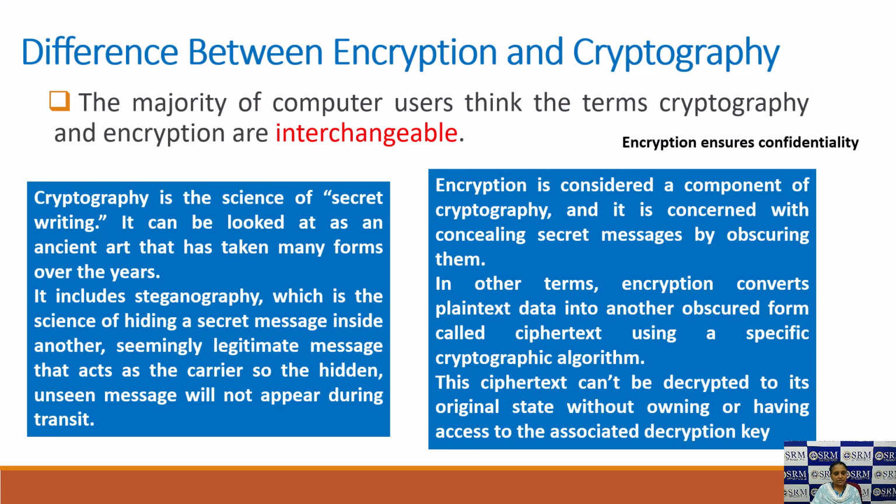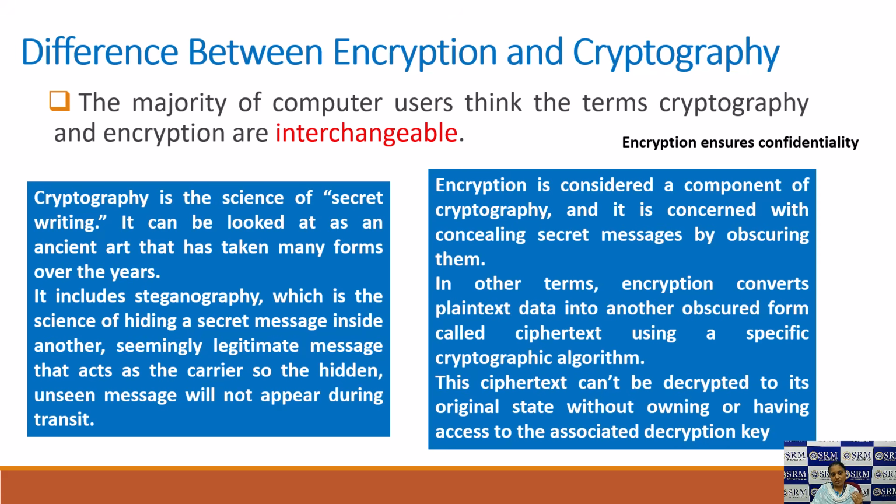Whereas encryption is a component of cryptography, and it is concerned with concealing secret messages by obscuring them. In other terms, encryption converts plain text into ciphertext. Ciphertext means an undetectable form. If a normal human being reads it out, they cannot understand the message. That's what ciphertext is.